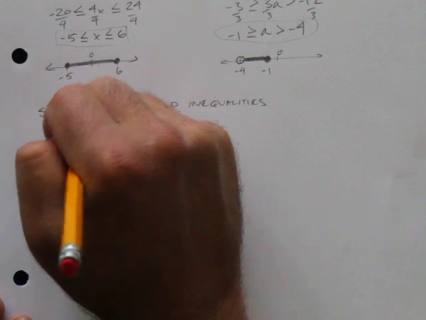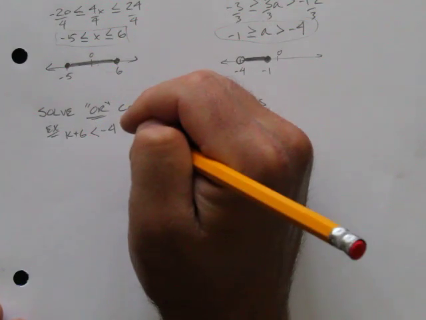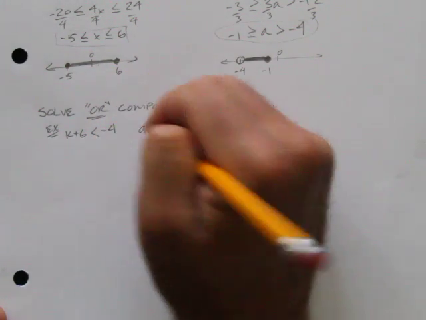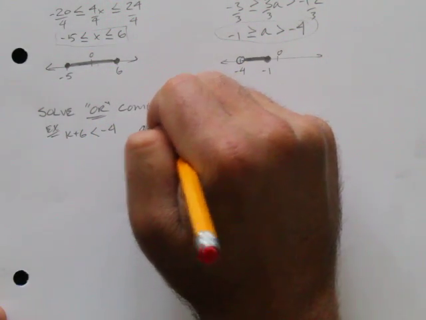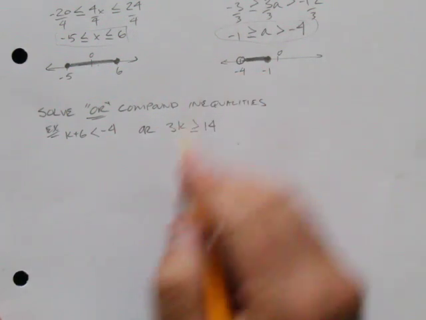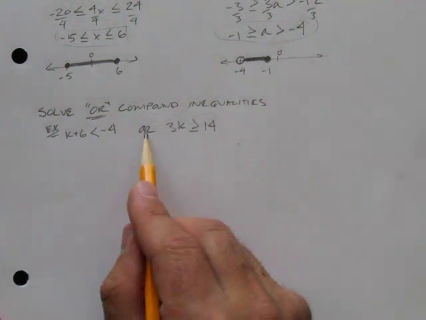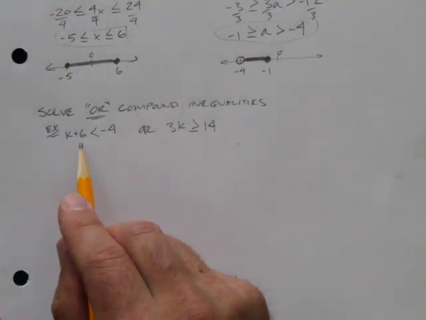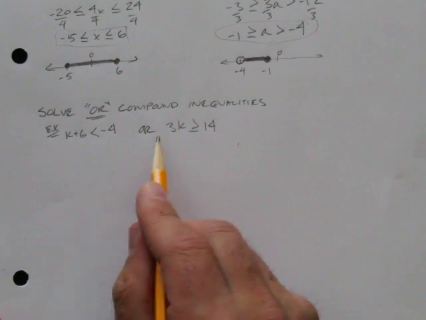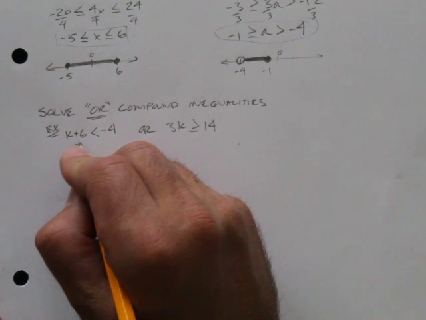If I have k plus 6 is less than negative 4, or 3k is greater than or equal to 14. So this is one compound inequality that includes OR. So we're going to graph them on the same number line. So let's solve them individually.